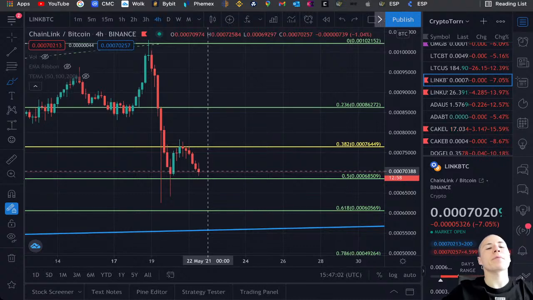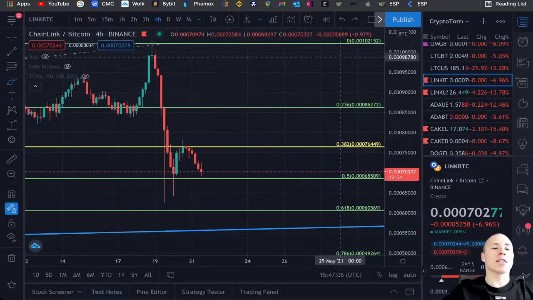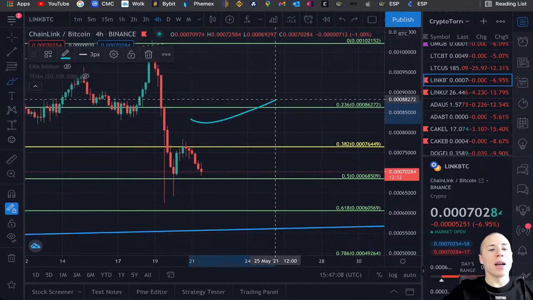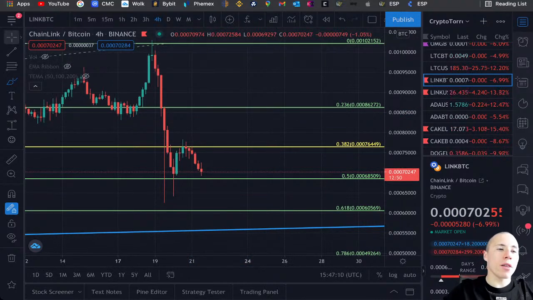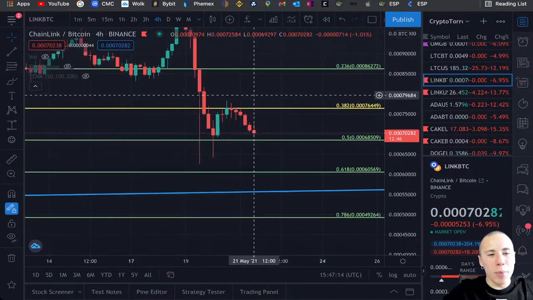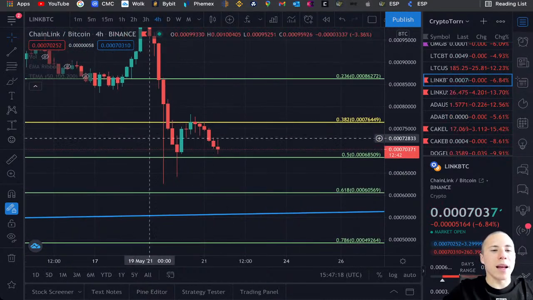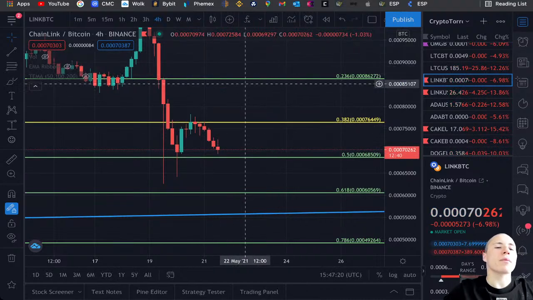And that's why I'm very pumped about the price action of not just Chainlink, but of all the altcoins and Bitcoin as well.